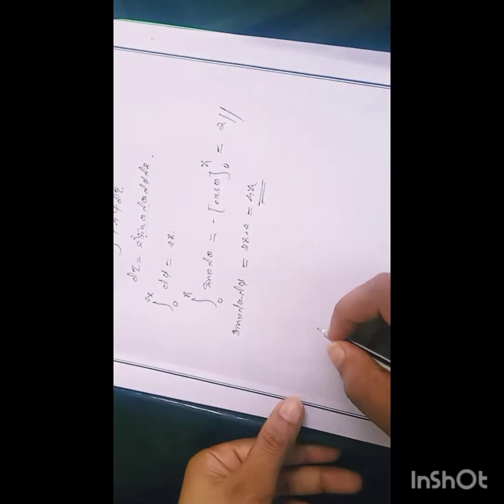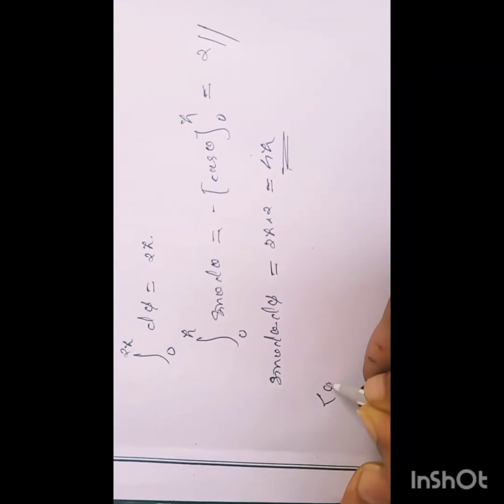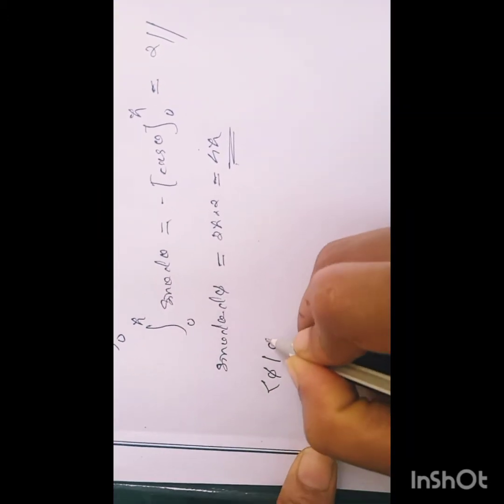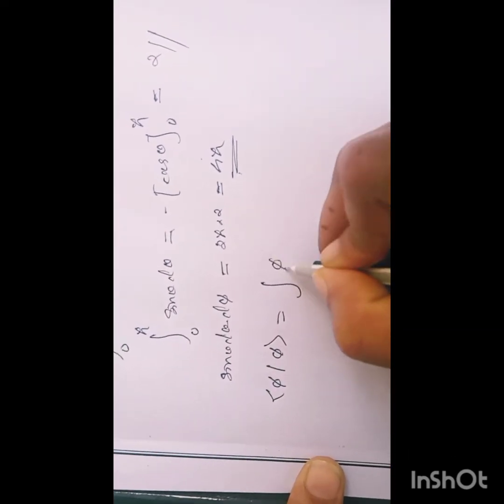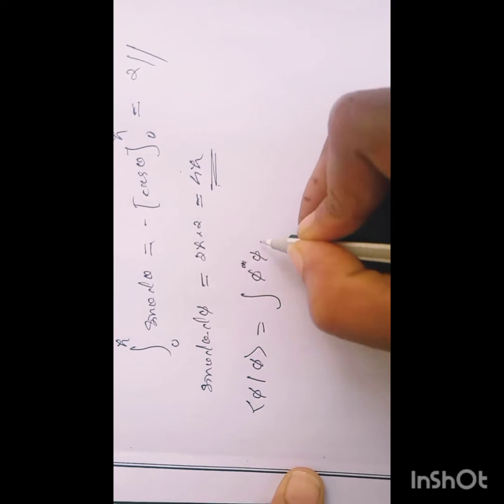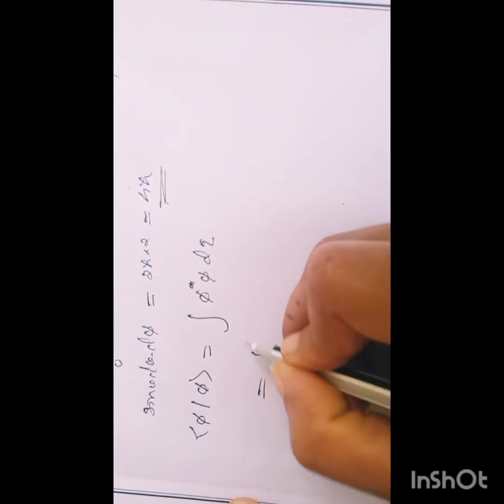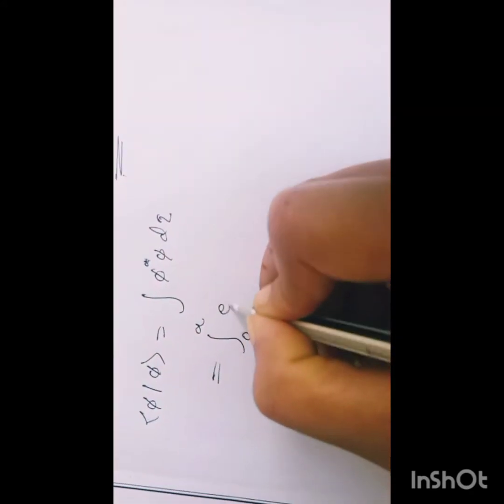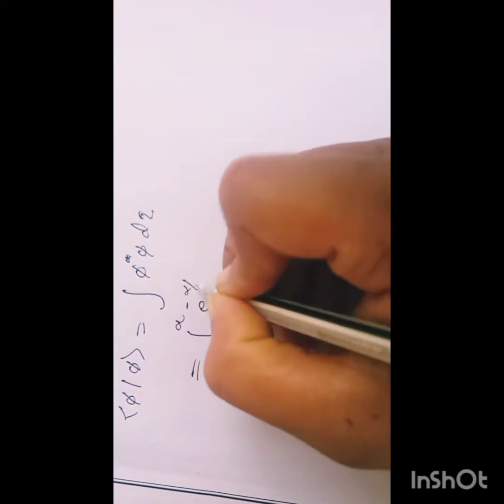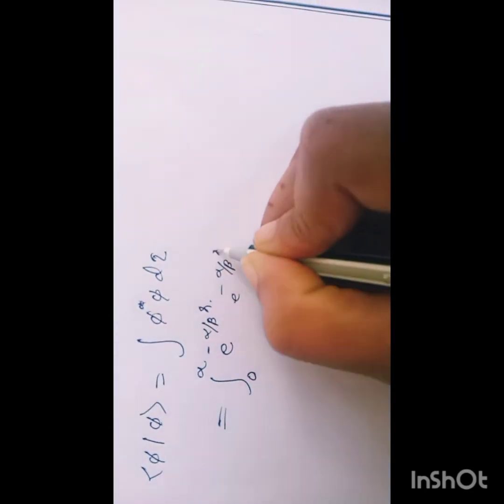Then first we evaluate the denominator bra phi ket phi, which is equal to integral phi star phi d tau. That is integral 0 to infinity. Then the value of phi becomes e raised to minus alpha by beta into r into e raised to minus alpha by beta into r.